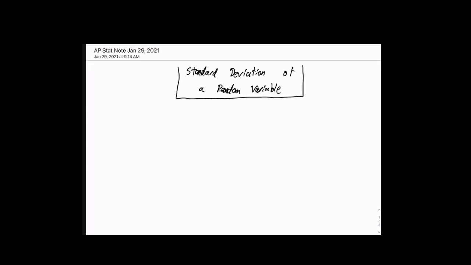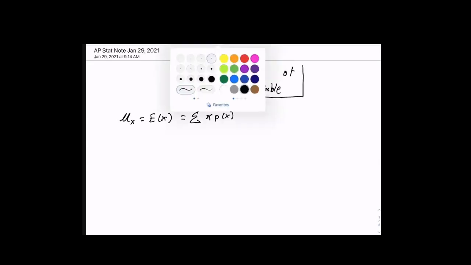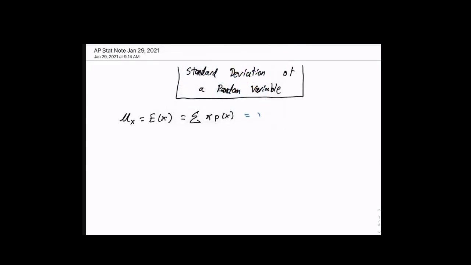As a reminder, we define the mean of a random variable x, which we can also define as the expected value, and that is equal to the sum of all of the numerical outputs times their probabilities. Okay, so that's from yesterday. We noted that this is the same thing as saying x1 p of x1 plus x2 p of x2 plus dot dot dot.